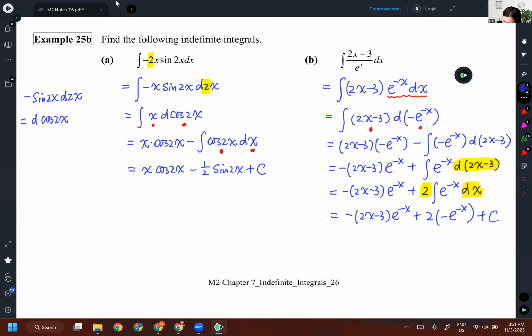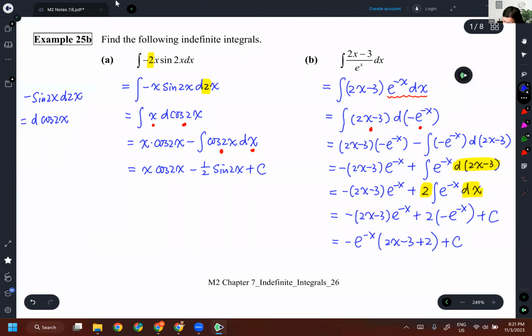So I will take out negative e to the power negative x, and I will do 2x minus 3 plus 2. And then my final answer is negative e to the power negative x times (2x minus 1), close bracket, plus c. Is that okay?